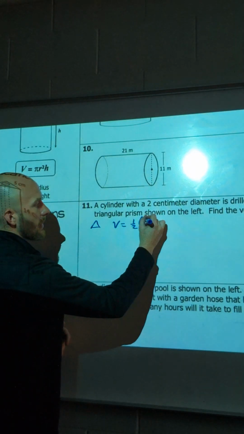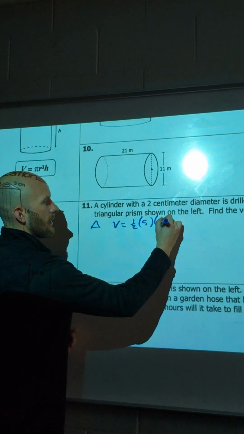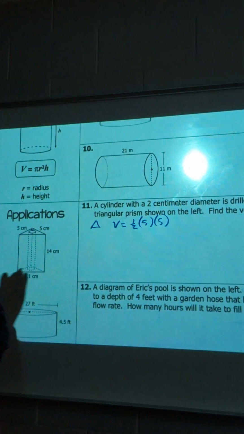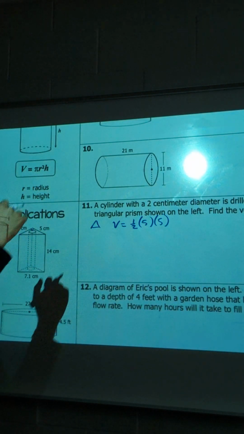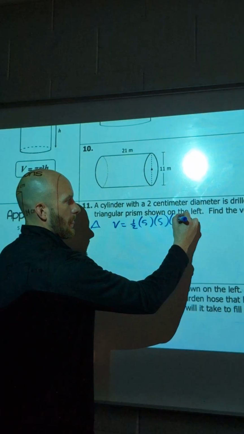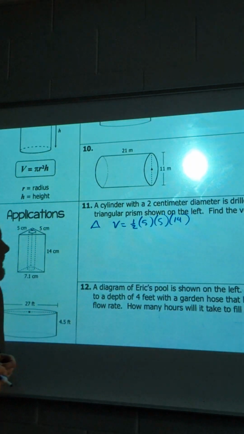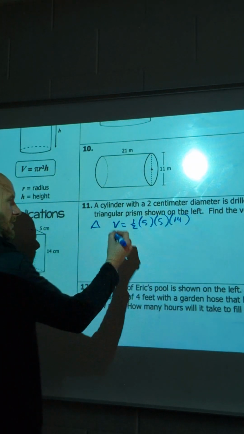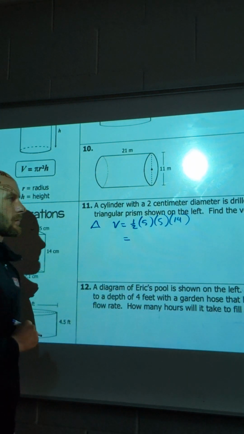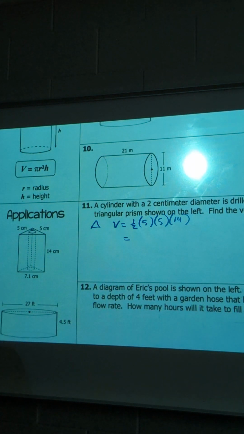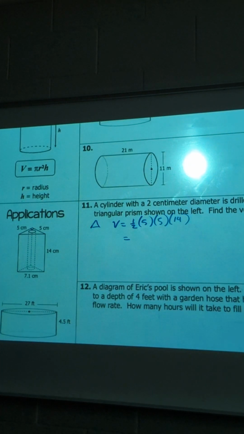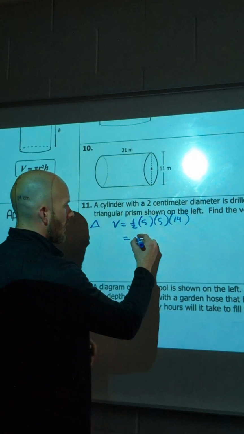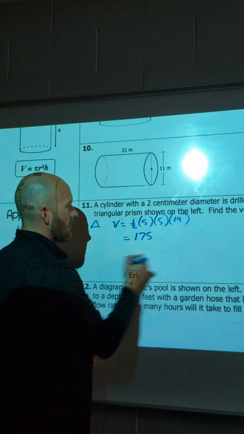So 5 times 5 times the height of the prism, which is 14. Let's get that answer. 175. Okay, yep, so the volume of the triangular prism is 175.